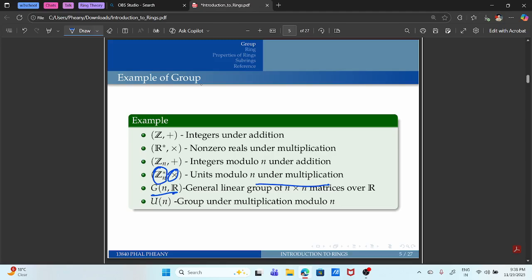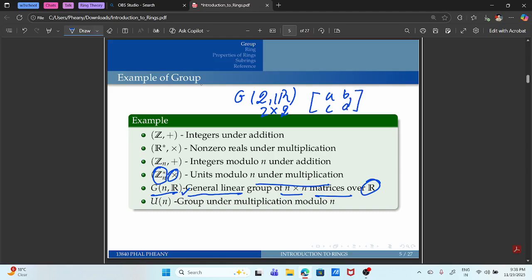I think maybe most of you know about it. It is GL n R, meaning the general linear group of n cross n matrices over real numbers. Suppose GL 2 R: its elements are 2 cross 2 matrices where the entries A, B, C, D belong to real numbers.